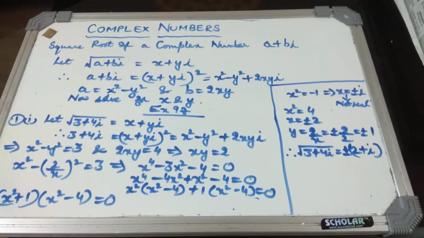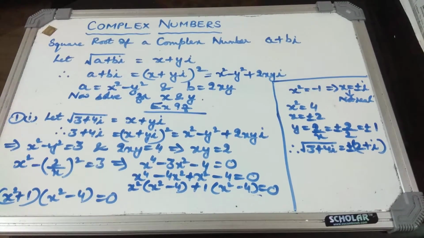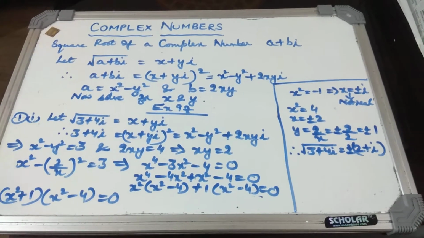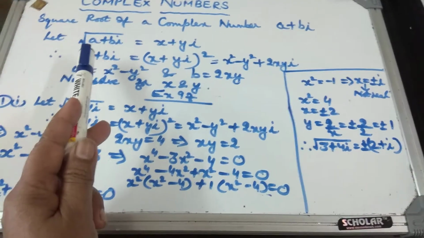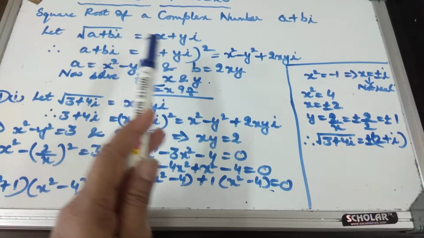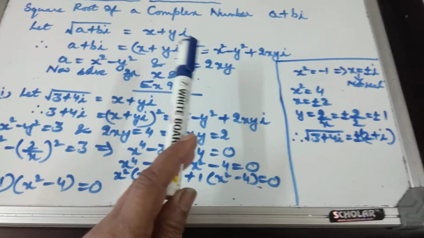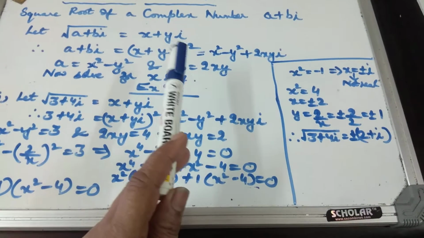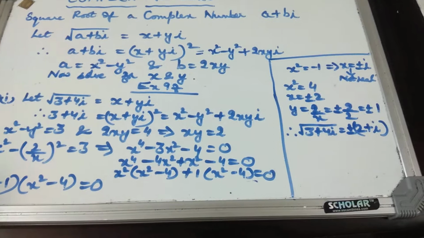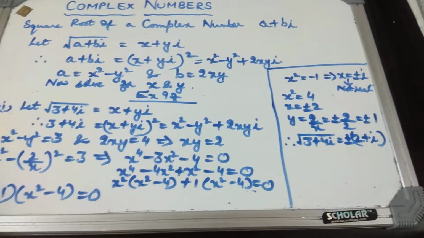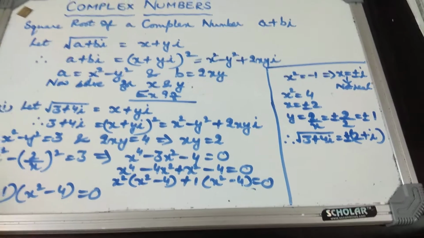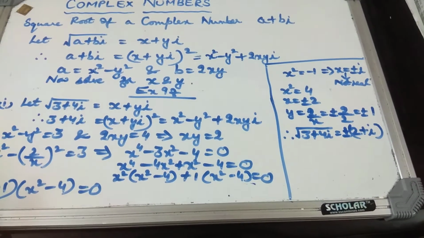If you have to find the square root of a complex number, call it a plus bi, then obviously you will assume that the square root of a plus bi is equal to a new complex number, call it x plus yi. I hope this assumption is very clear. Now, as we do in algebra, we get rid of the square root sign.